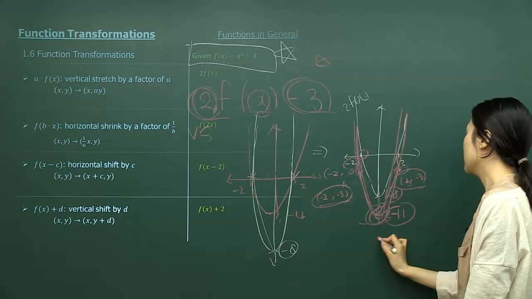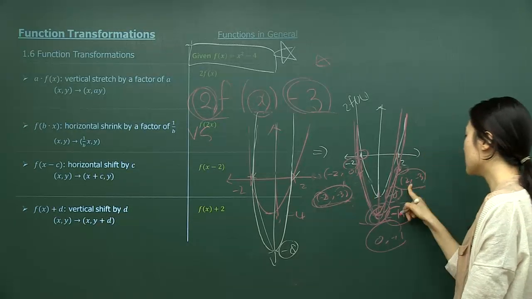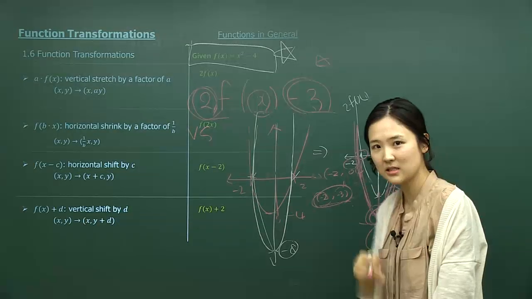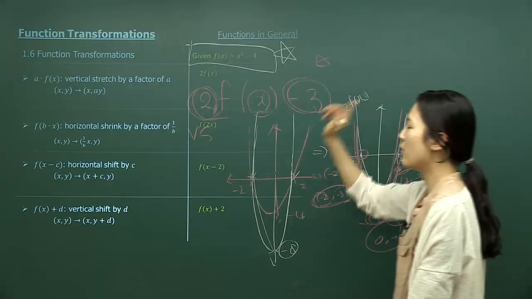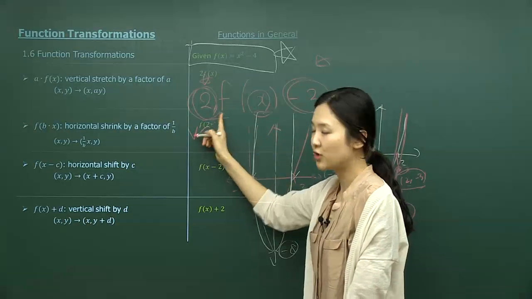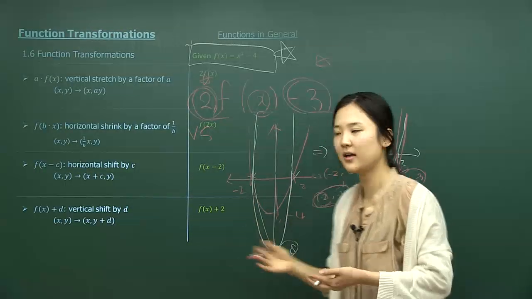So (0, -11), (-2, -3), and (+2, -3) are the 3 new points for your finalized transformed graph. Again, I hope you remember that I said previously that you should stretch first, then shift. Just remember to shift later, then you'll be fine.